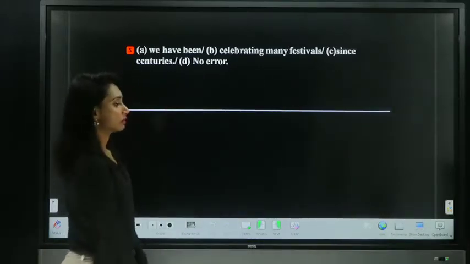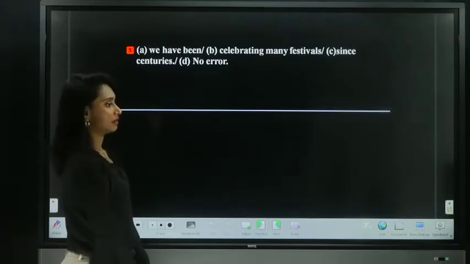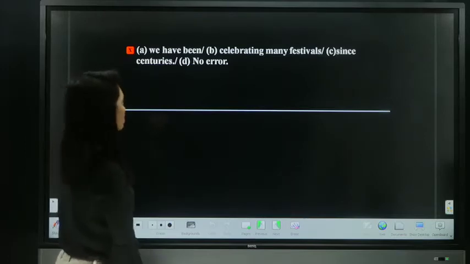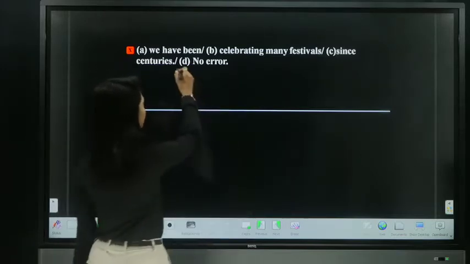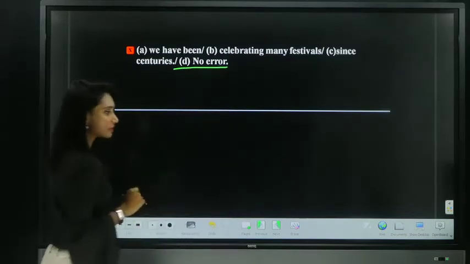So, Swapna, yes, you are wrong first as well as again. So it is not option D, no error. So there is an error in the sentence. So where is the error?